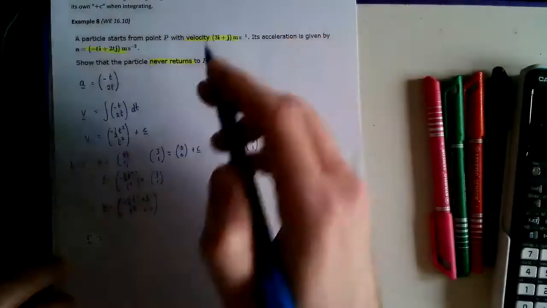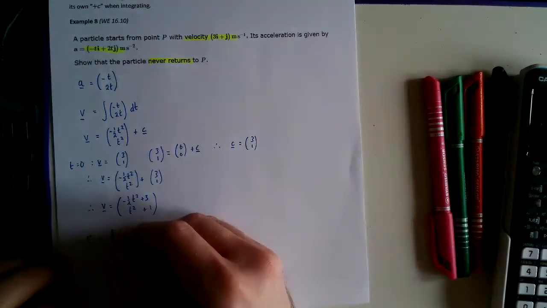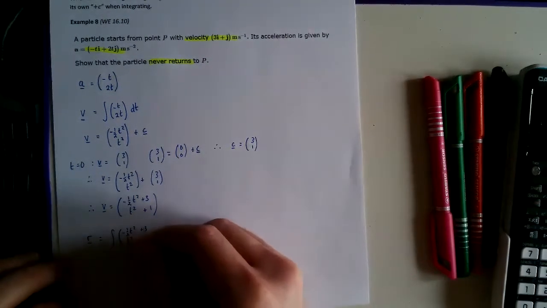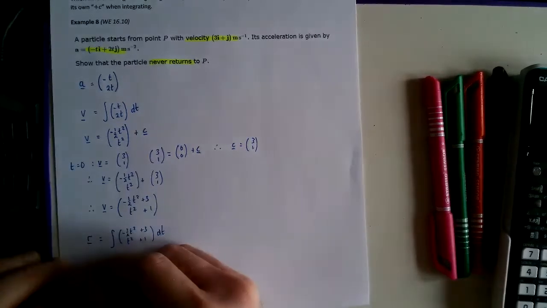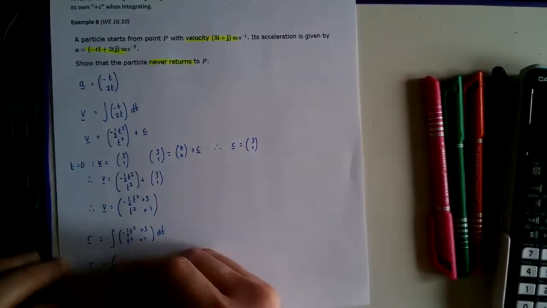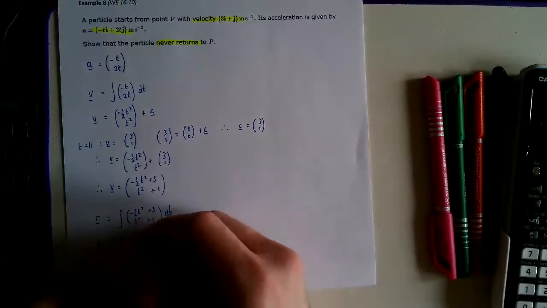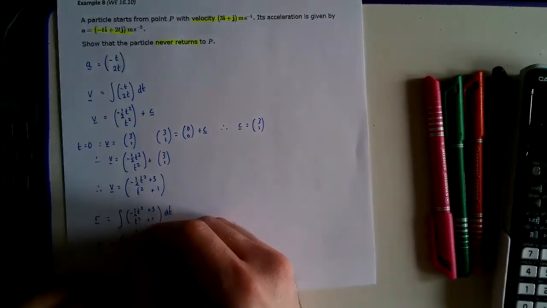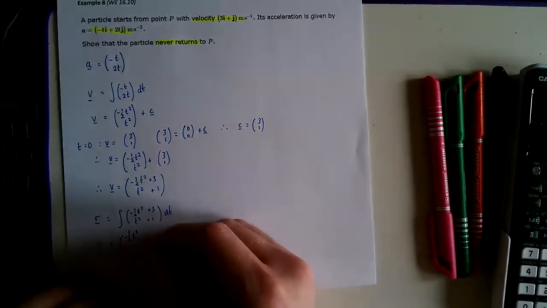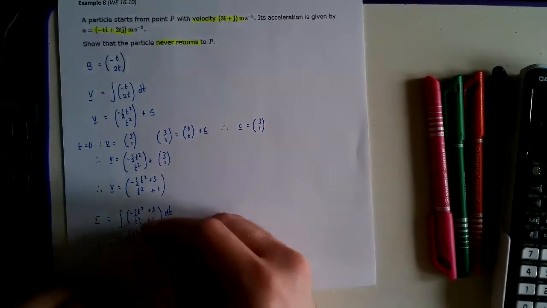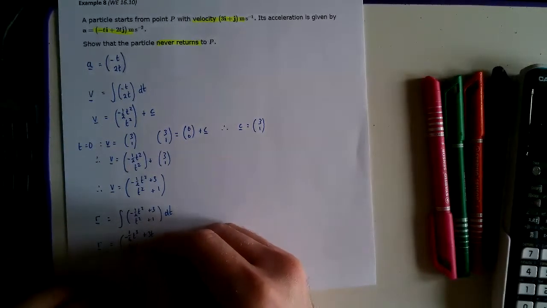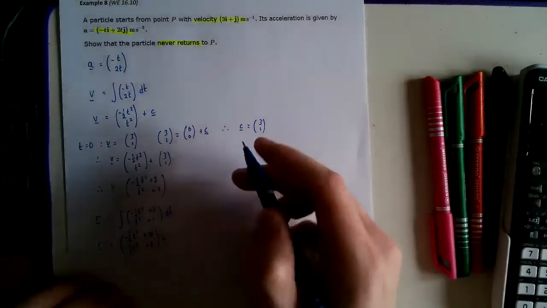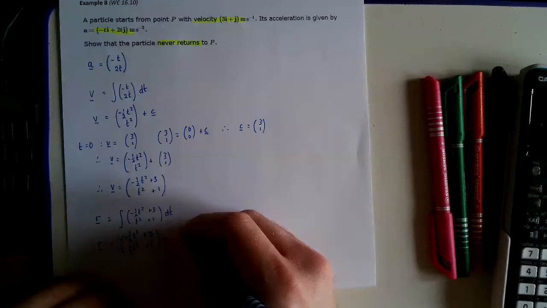So r means we're going to integrate the velocity. I'm sure you can remember to integrate, add 1 to the power. So t cubed, and divide by 3. So a half divided by 3 is a 6, minus 1 over 6 t cubed plus 3t, so a third t cubed plus t, plus another constant. Don't really want to use the same letter c, so I'm just going to call it k this time.